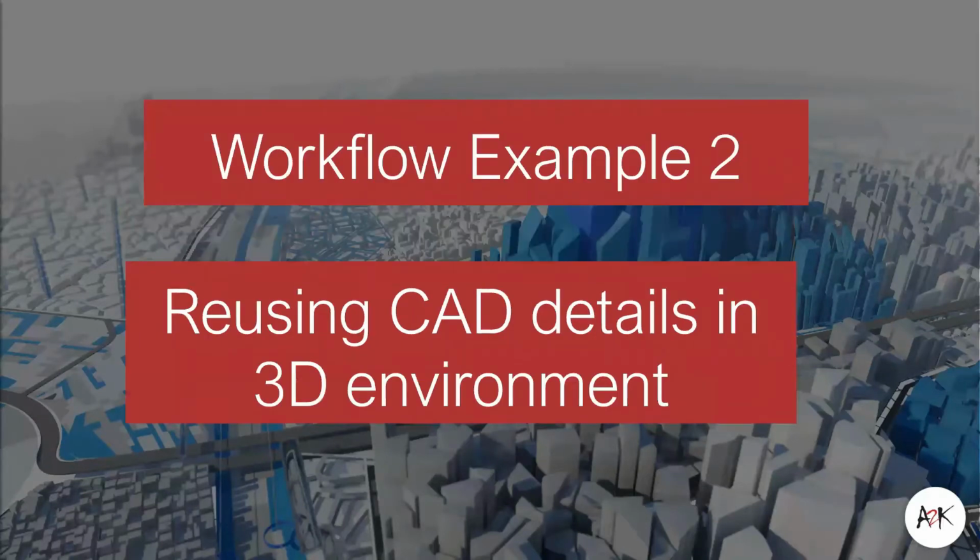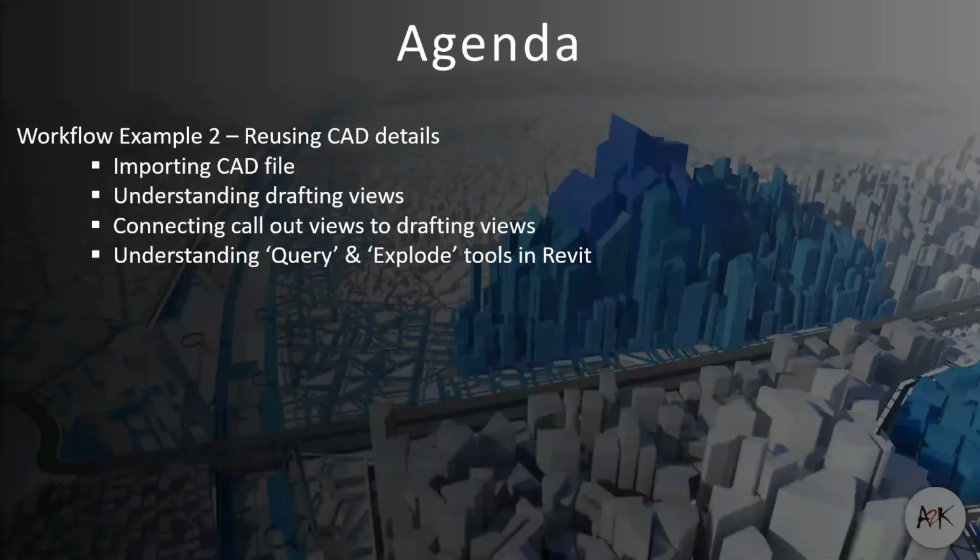Okay, the next example that we'll go through is how we can reuse our 2D CAD details in Revit. All right, the key point for this example is understanding how we import a CAD file. Before, we did what was known as linking. This time we're going to use the import tool, and I'll show you why in the demonstration.